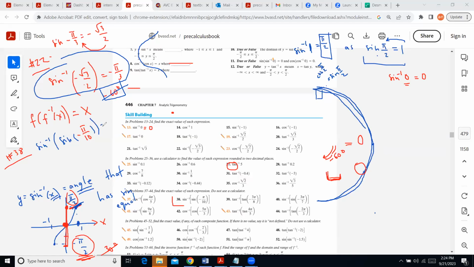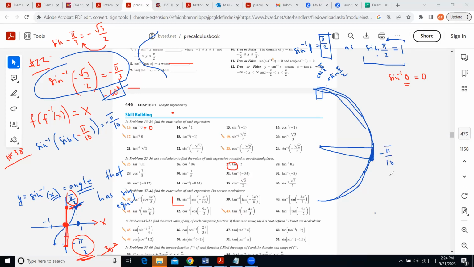But the reason is that negative pi over 10 is actually somewhere on the allowed portion of the circle. So if you divide pi by 10, that's probably going to be someplace here. So this would be your negative pi over 10.